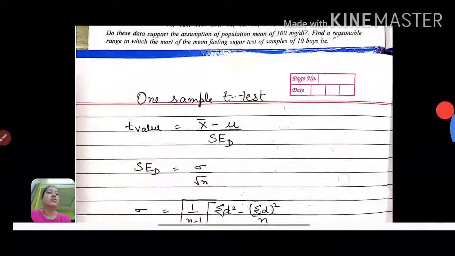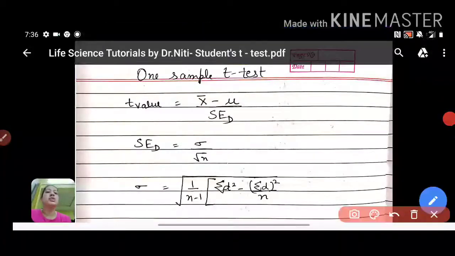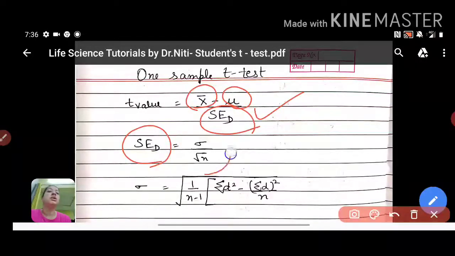Similarly, we have to use the same formulas, that is for calculation of t value, sample mean minus population mean by standard error of difference between mean. Standard error of difference between means you can determine by standard deviation divided by square root of n. n is the number of observations.